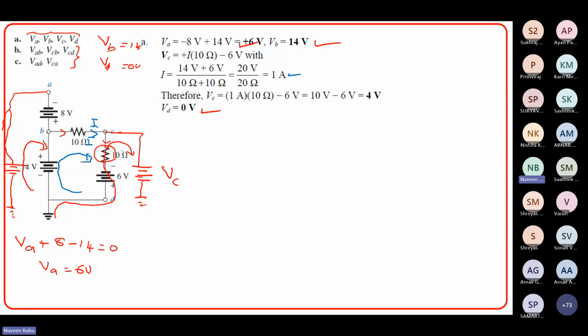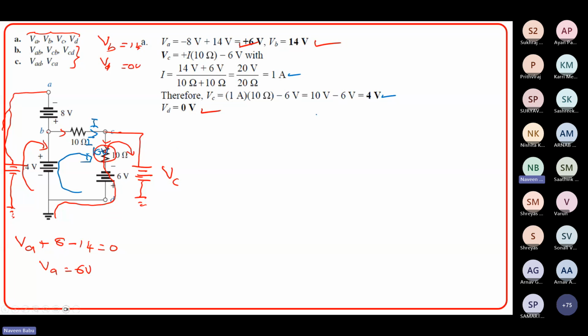So 1 multiplied by 10 will be 10 volts here, right? And you can apply KVL in this loop. So VC is nothing but, you apply KVL, minus 6 plus drop plus 10 volts minus VC equal to 0. So VC will be equal to 10 minus 6, which is 4 volts.